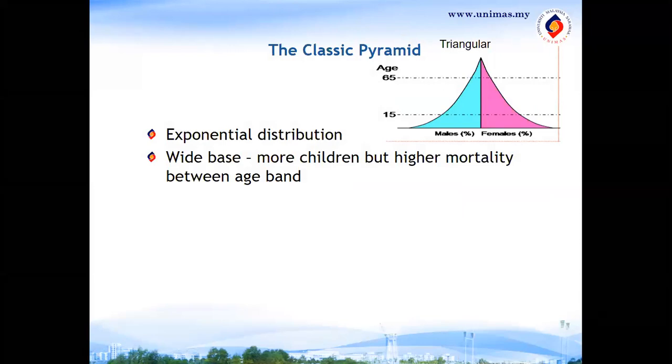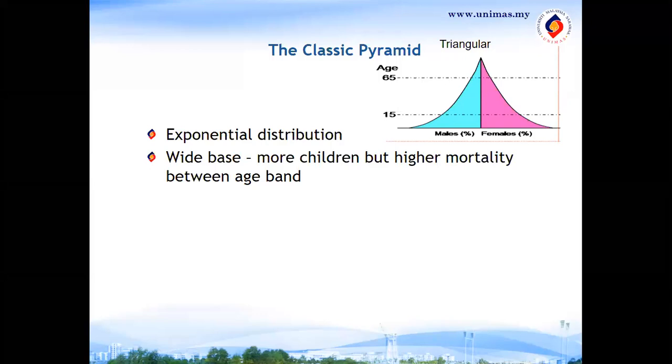Okay, thank you. All right, so look at the classic pyramid, where really shaped like a triangle with a very broad base. Okay, so the distribution is exponential with wide base. In other words, there are more children, but the rate of mortality between the different age groups, as the age group goes higher, ianya mortality rate-nya meningkat.